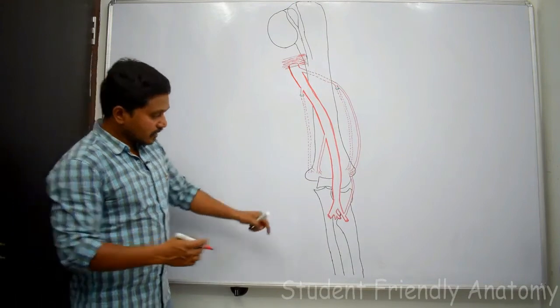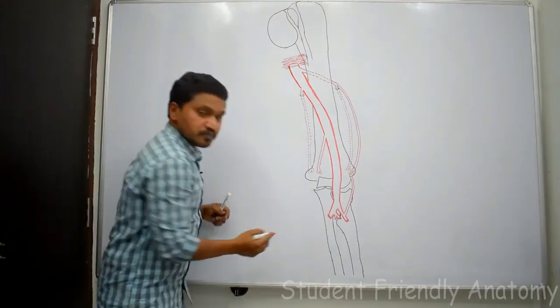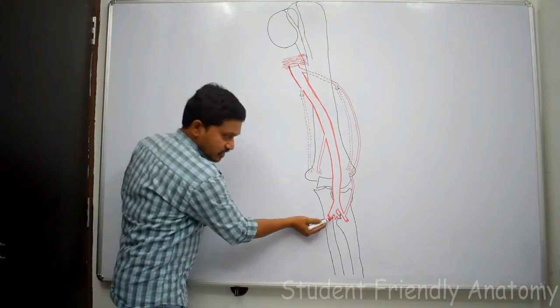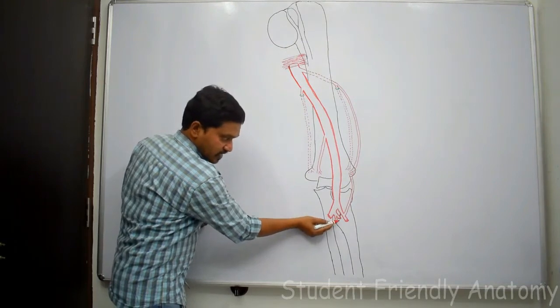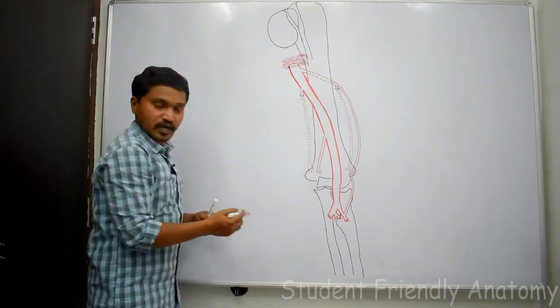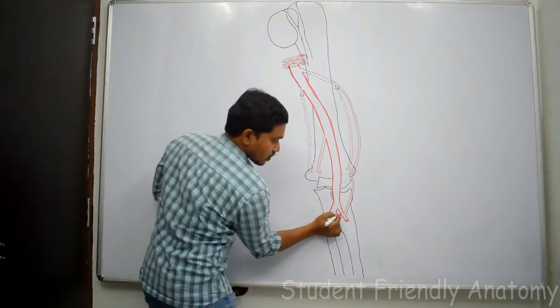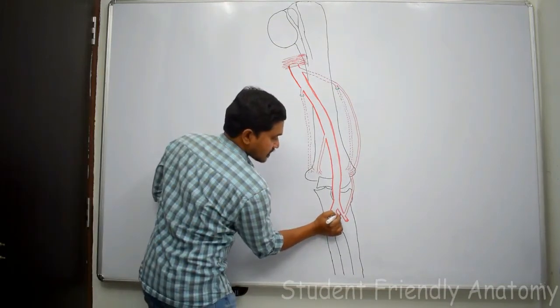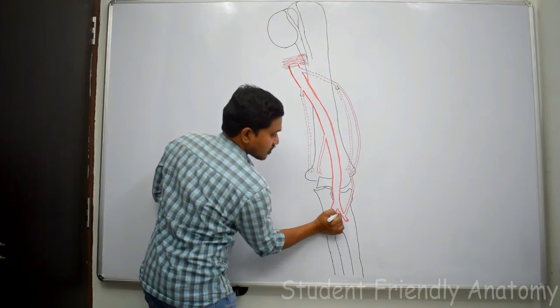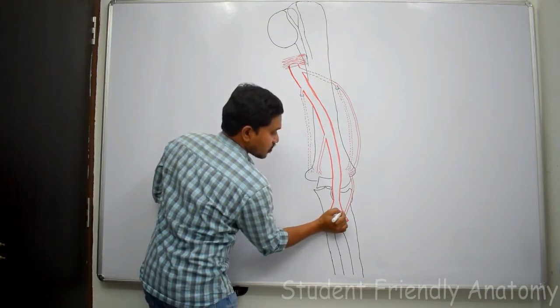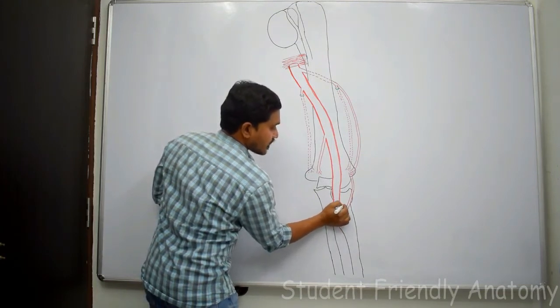Right? Then what is this artery? Interosseous artery. The interosseous artery divides into anterior and posterior. So the posterior interosseous artery gives one recurrent branch. That is what we call the recurrent interosseous.